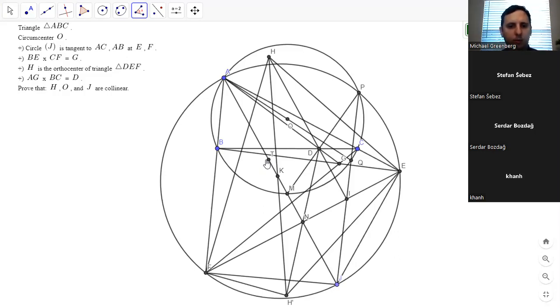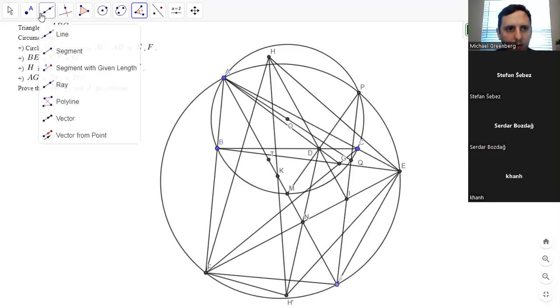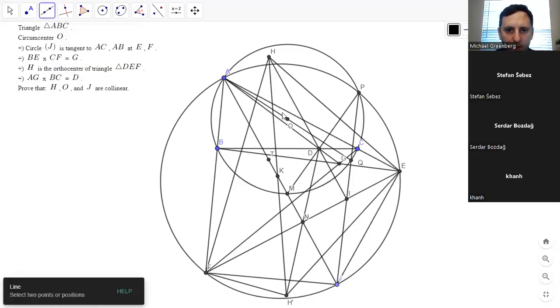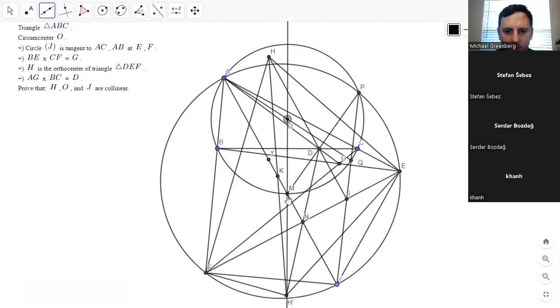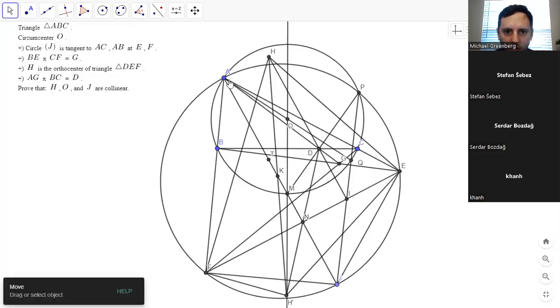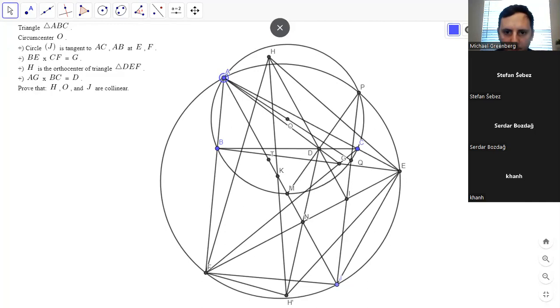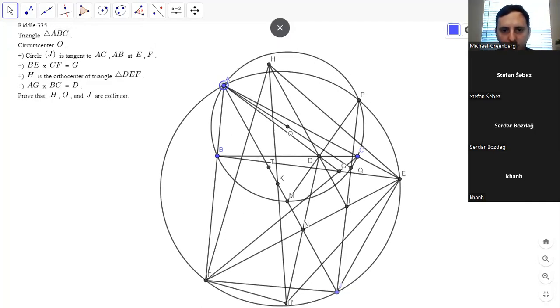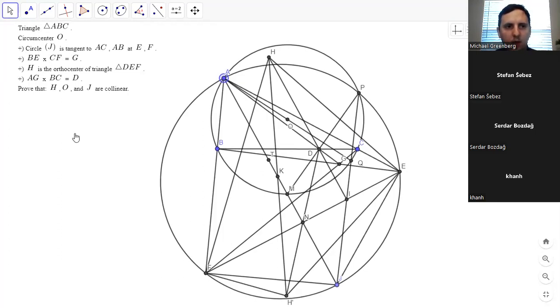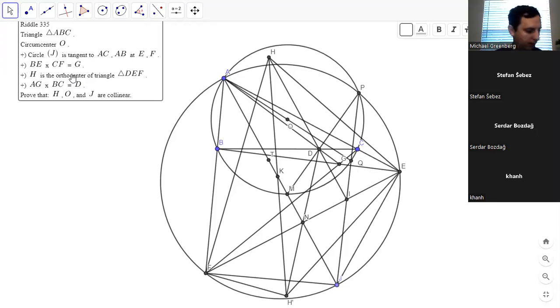So HT is perpendicular to BC, and I don't think OM and H prime are... no, I don't think it looks true there, but I don't think that's actually true. Yeah. So I'll be right back.